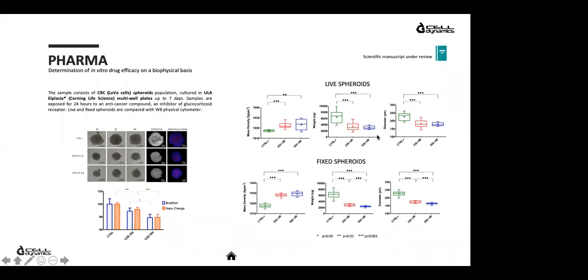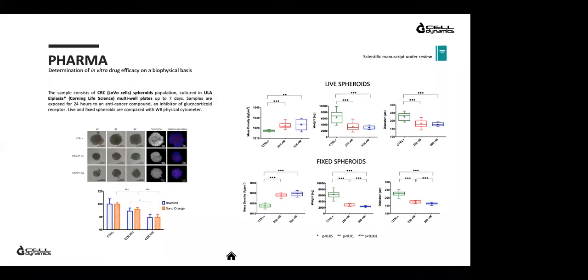Since the weight and the size are simultaneously decreasing, this increase in mass density is mainly due to the fact that the volume is decreasing proportionally much more than the mass of the spheroid. So volume is decreasing much more than the mass, and in the end, the ratio of the mass density is significantly increasing.